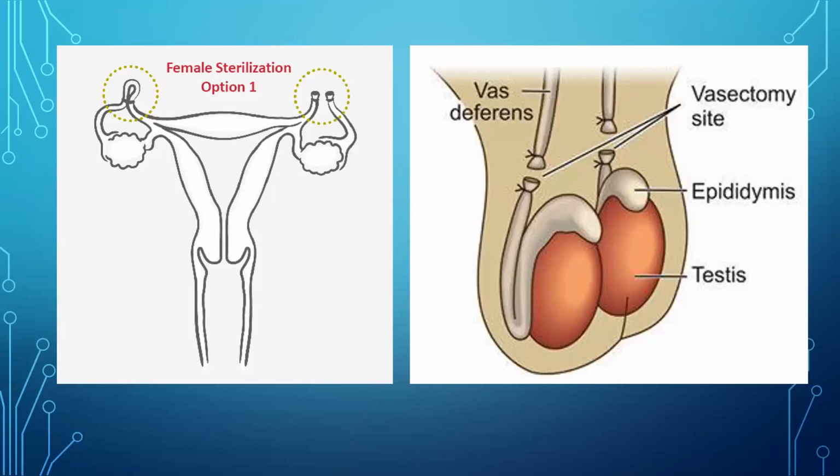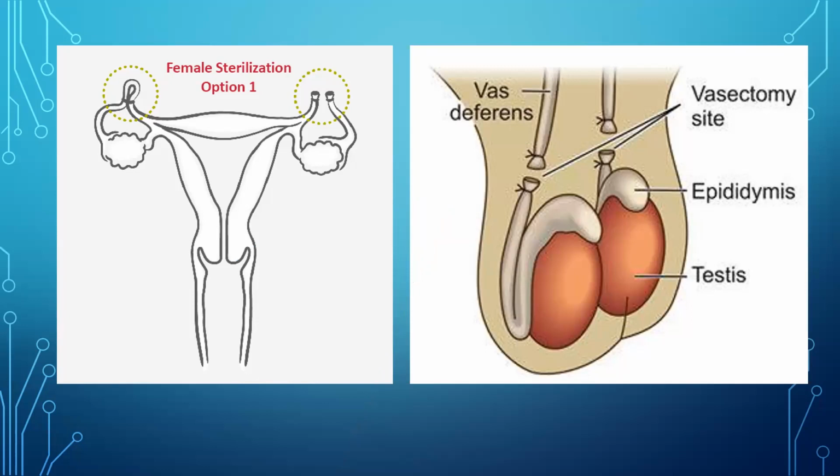Then the permanent methods of sterilization: we have female sterilization, that is tubectomy, and male sterilization in the form of vasectomy. The modified Pomeroy's technique is usually used for tubectomy, and no-scalpel vasectomy is the technique used for vasectomy.